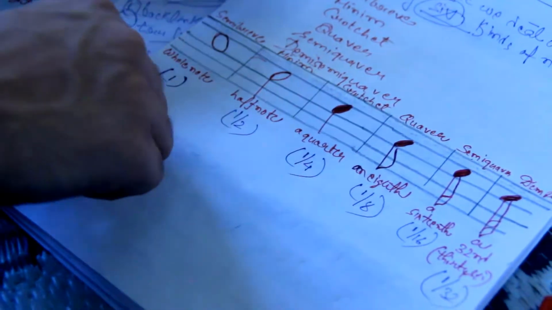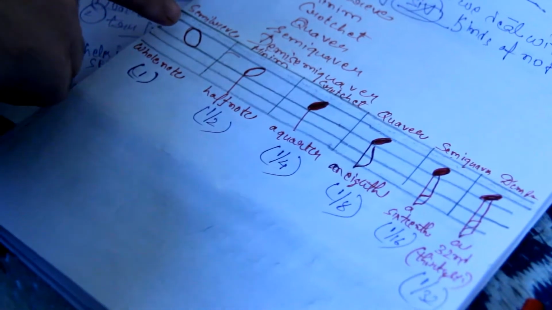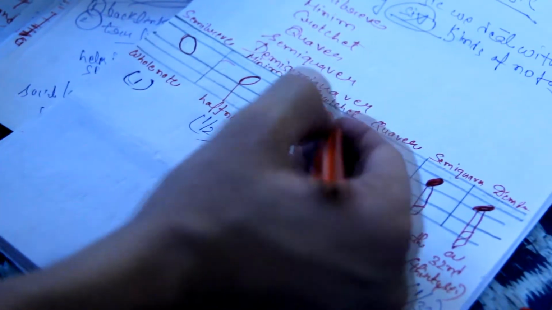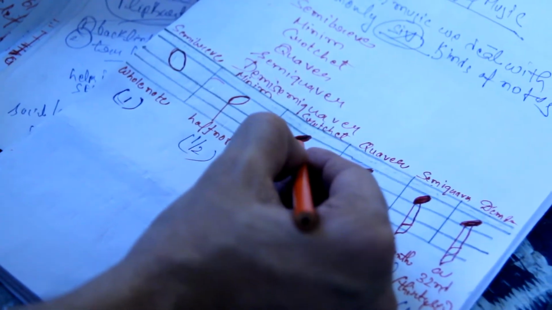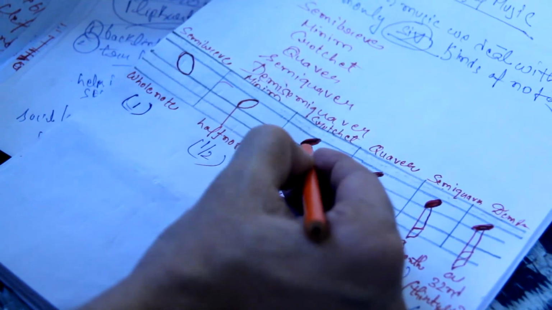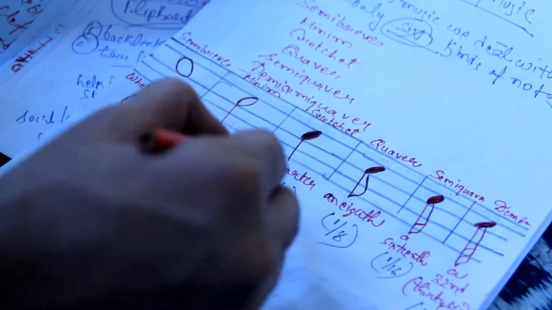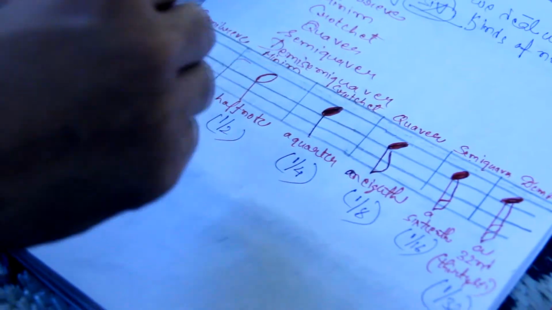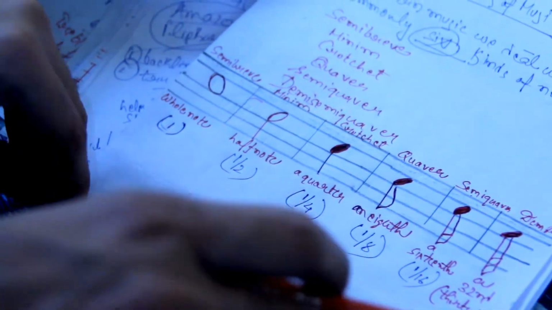You should remember one thing: if I express a note with this crotchet, that means the quarter note gets the beat. We'll get the hang of it with time. So just a comparison of the same, I would show this to you.